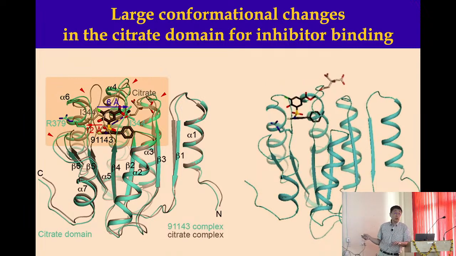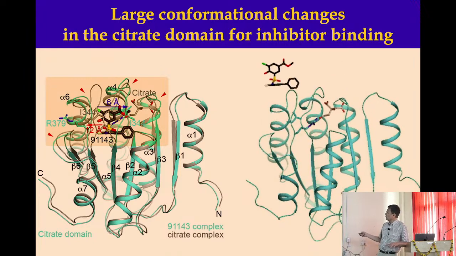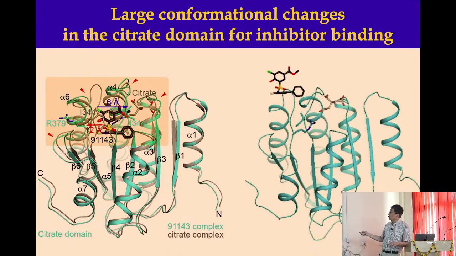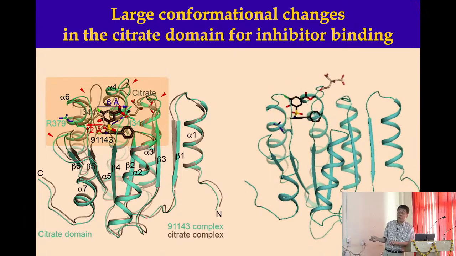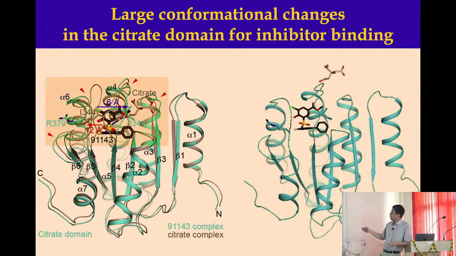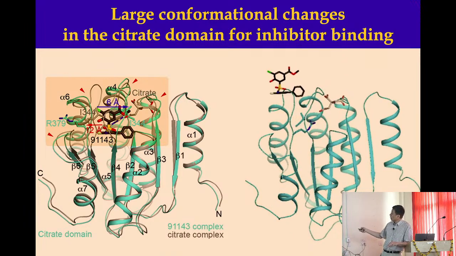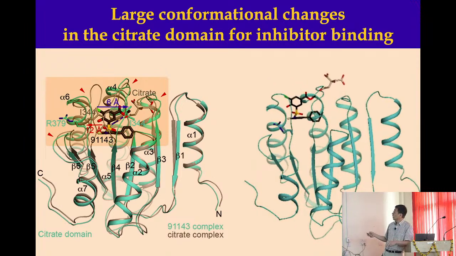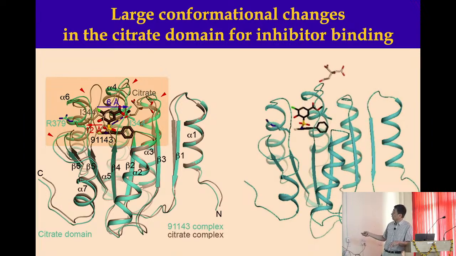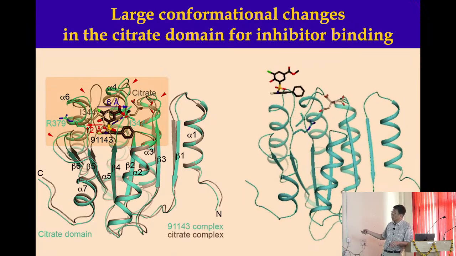Just as you saw earlier in bempedoic acid, here you have a tremendous conformational change in the citrate domain before the compound can bind. So what you see here at the beginning, citrate right here. At the beginning, this arginine recognizes one of the carboxylates on citrate through ionic interactions. And then the arginine has to swing out of the way, and then everything has to open up, and then the compound can go in.